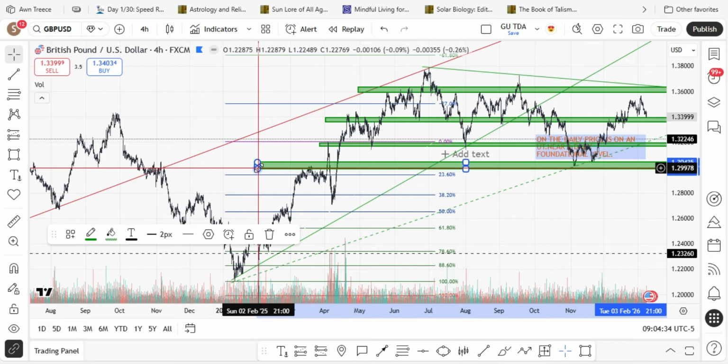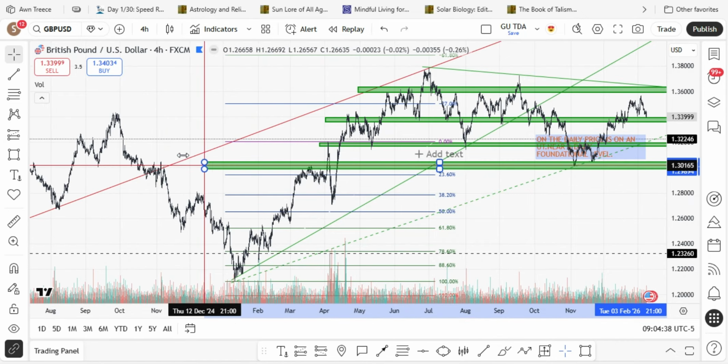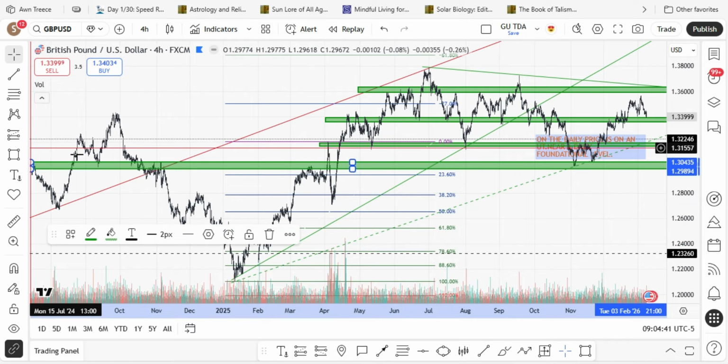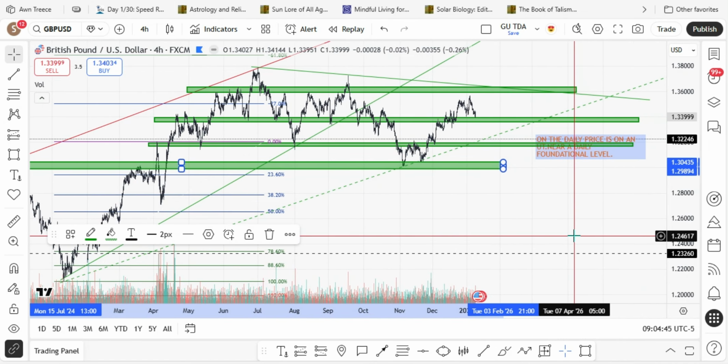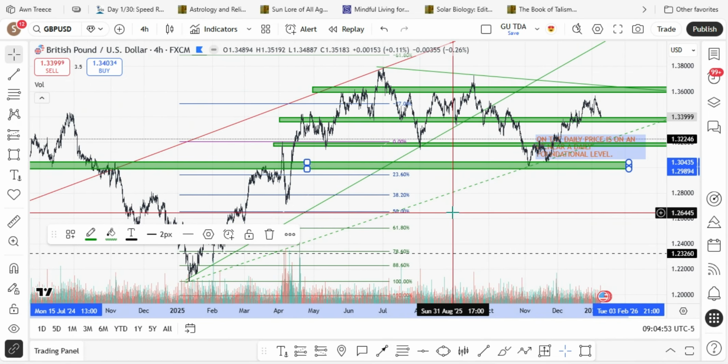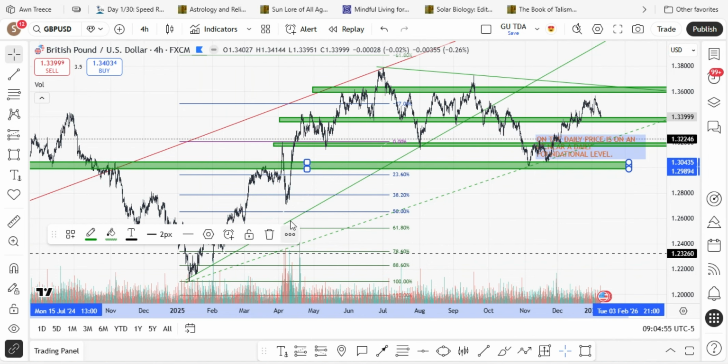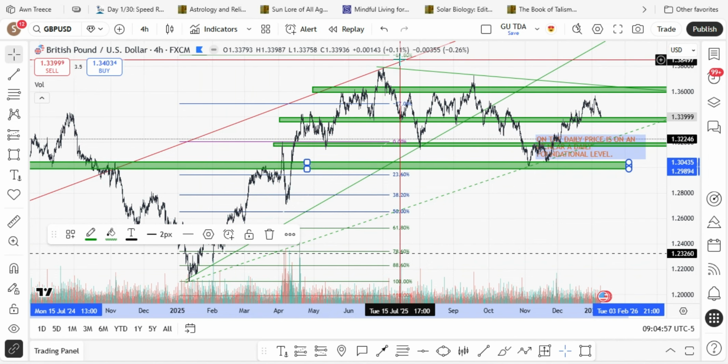But yeah, this is definitely a 4 hour zone. See that? Okay. All right. So for the 4 hour, it was impulse correction, continuation.